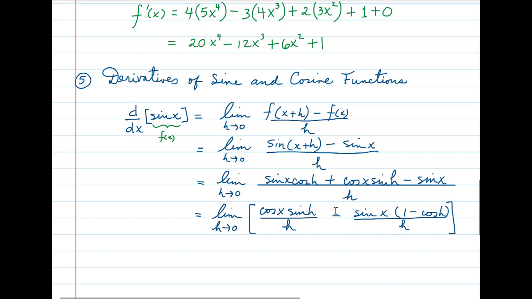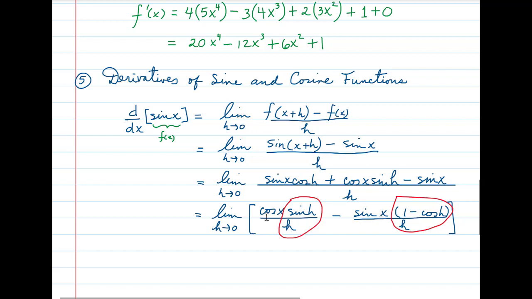If you recall, this part should look familiar to you from a previous section, and also this one there. Okay, so the properties of limits allow us to split these things: I can take the limit of this minus the limit of that, granted these limits exist, and then I can further split these products into the limit of cosine as h goes to 0.